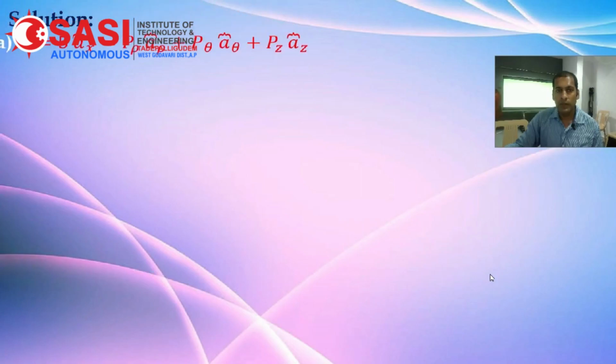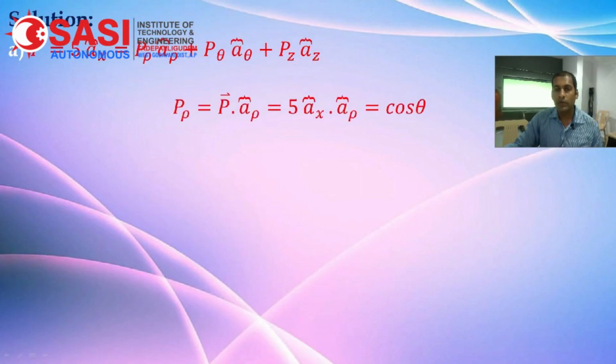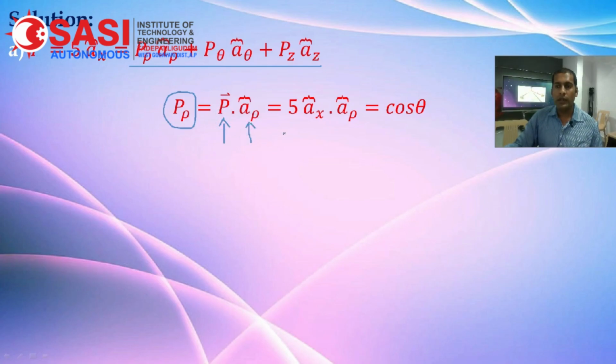First one, where point P is at ρ a_x. Here we have to represent it in terms of r, θ and z. We have already seen the point P component of radius ρ. Here we have the vector, magnitude and direction.